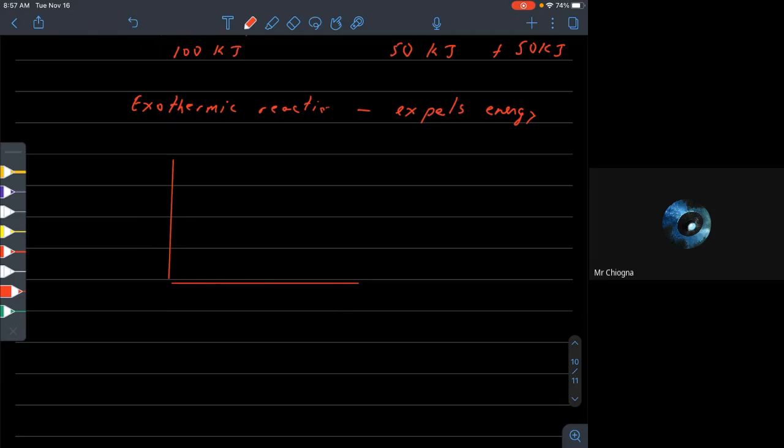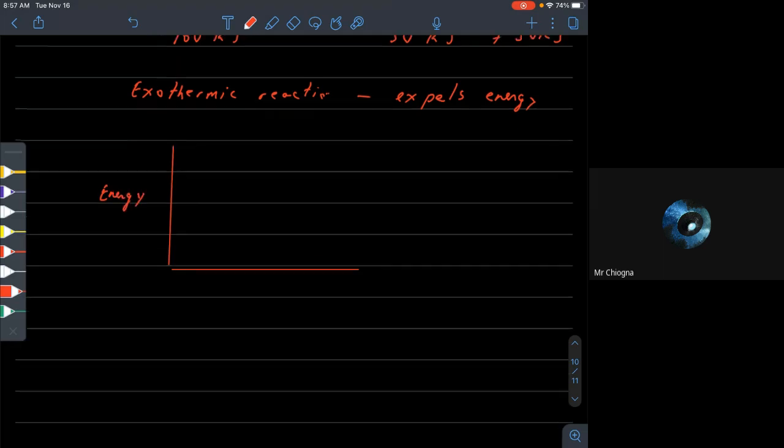Okay, so this is a chart of energy versus, you can think of it as progress of the reaction. Usually it's time, but we'll just be consistent with your workbook. Progress of reaction. It's related to time.